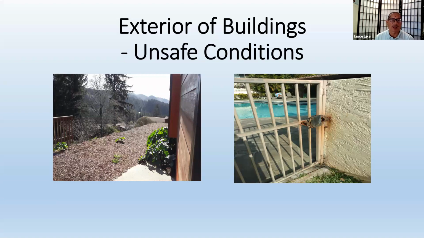Now, this is a side yard of a house in the Pacific Northwest in Oregon, and there's a deep gully. It doesn't look like a gully, but there is one, and that's why the fencing should extend throughout the whole side yard, as a little kid could actually fall down the gully and then need to be rescued.